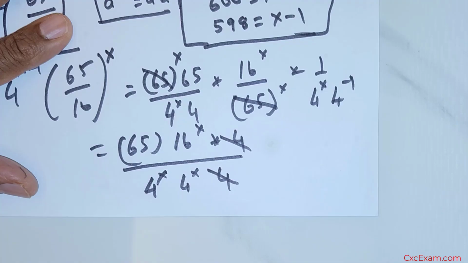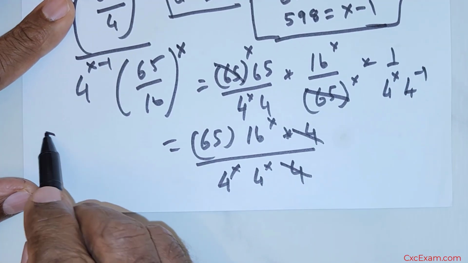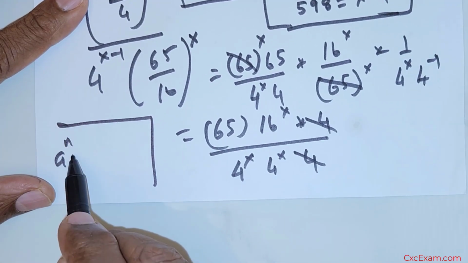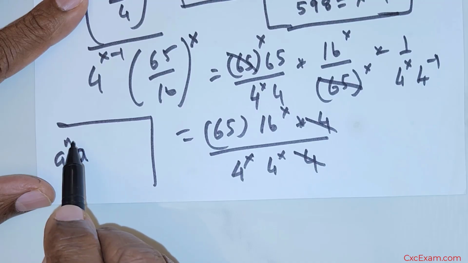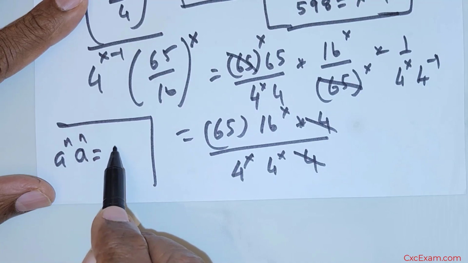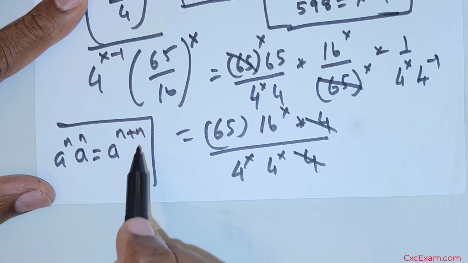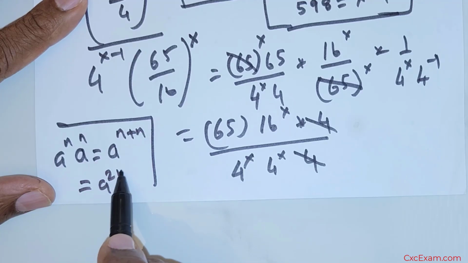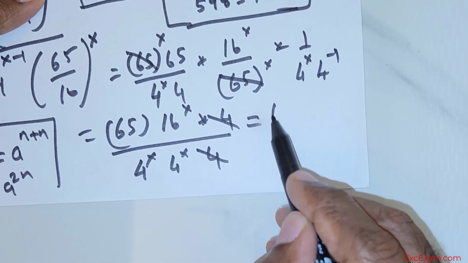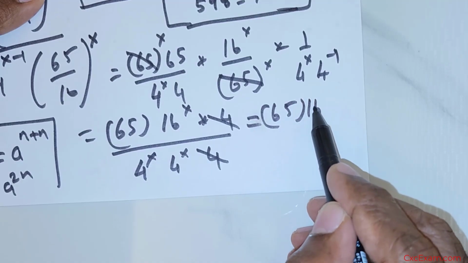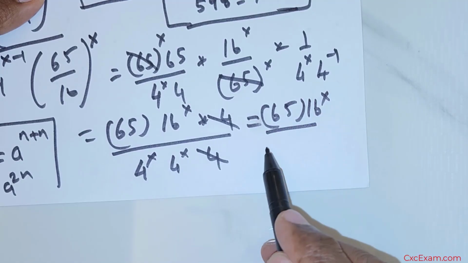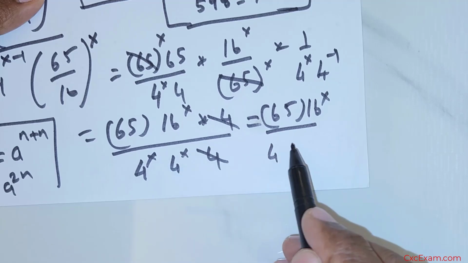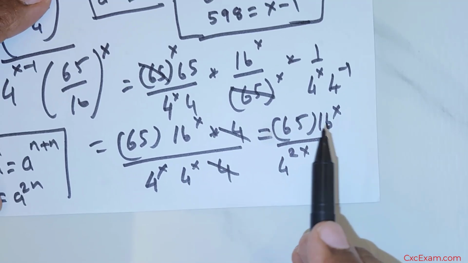So these two get cancelled. Now again we can utilize this formula, a raised to the power of n times a raised to the power of n is rewritten as a raised to the power of n positive n, which is a raised to the power of 2n. So this is going to be 65 times 16 raised to the power of x, 4 raised to the power of x positive x is going to be 2x.